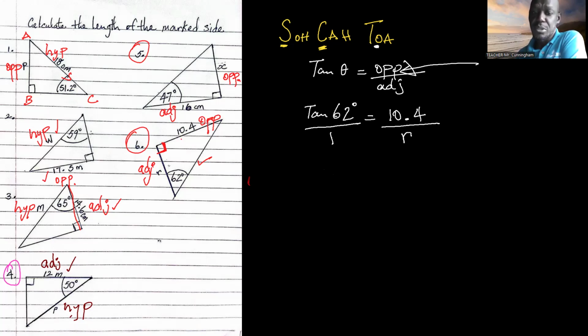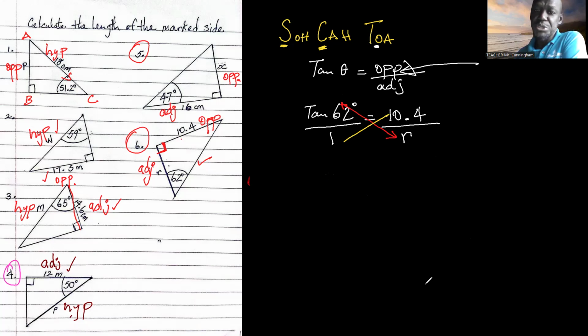10.4 divided by R. So when we cross multiply, you're cross multiplying with the side with the R, the unknown. So you're going to do that first, and then we'll do the other side.